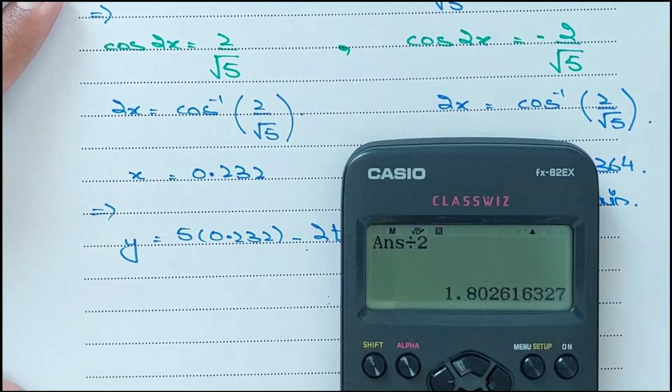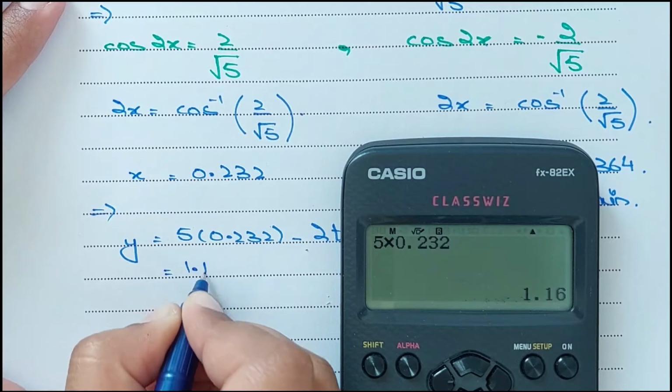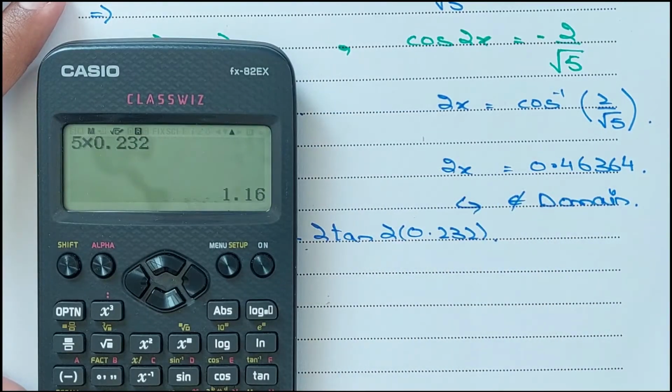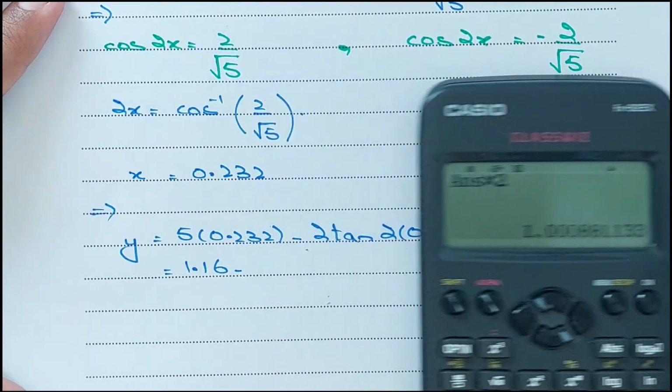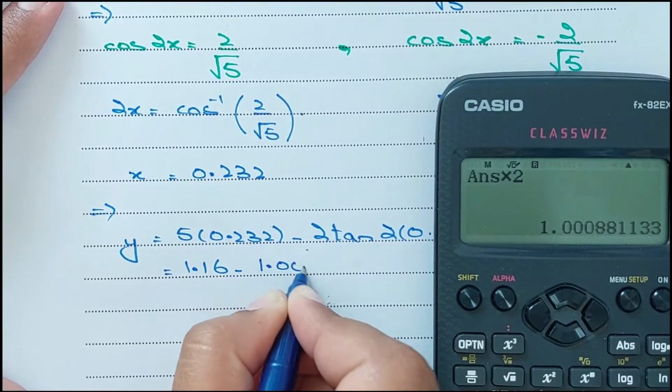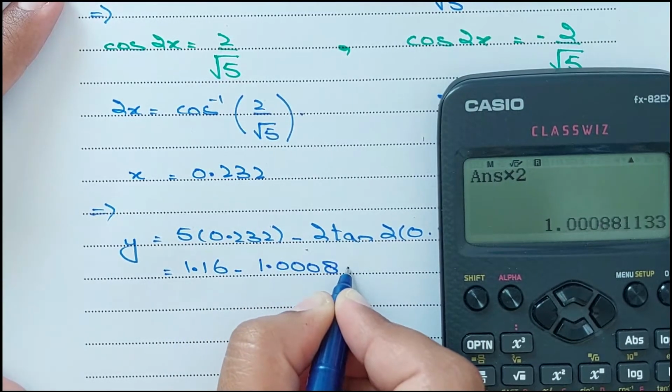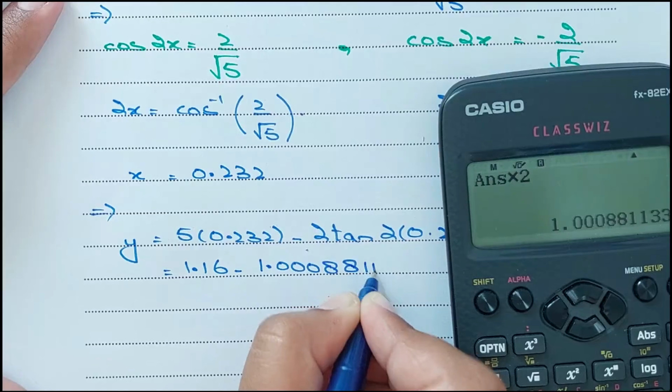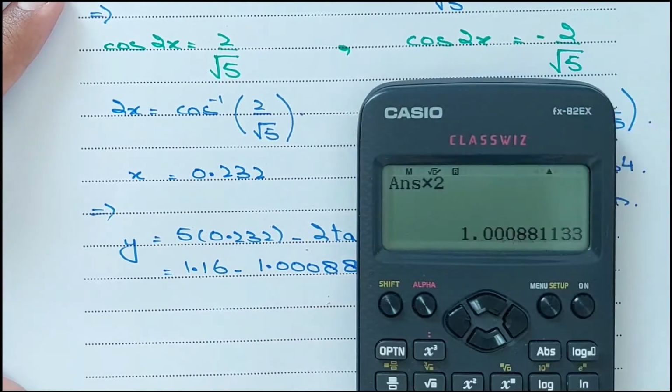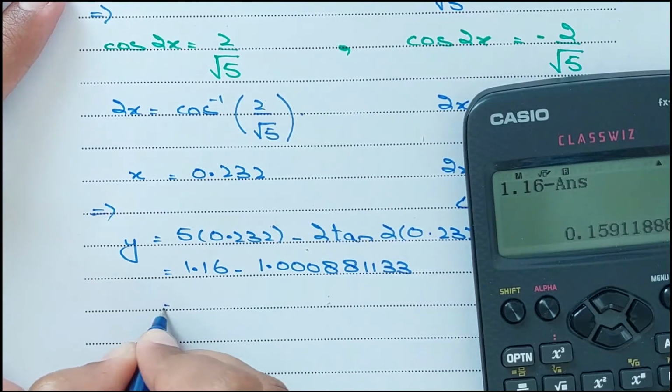Let me calculate this. 5 times 0.232, which is 1.16, minus 2 times tan of 2 times 0.232, which is 1.000881133. Okay, 1.16 subtract the answer. This is 0.159 up to 3 significant figures.